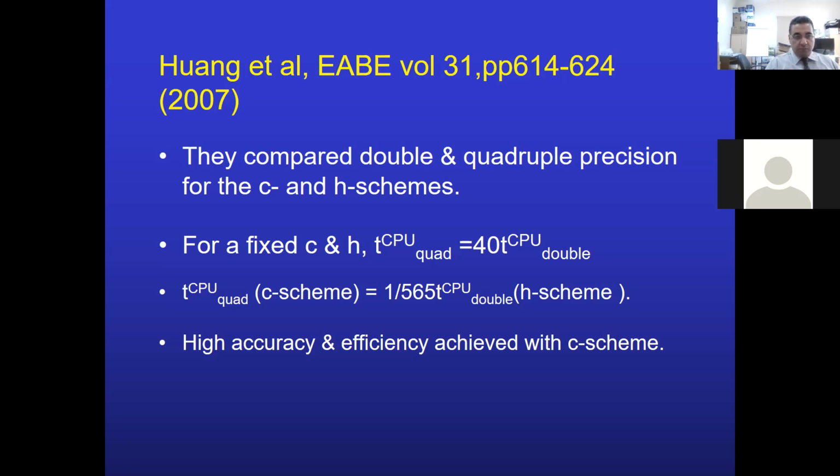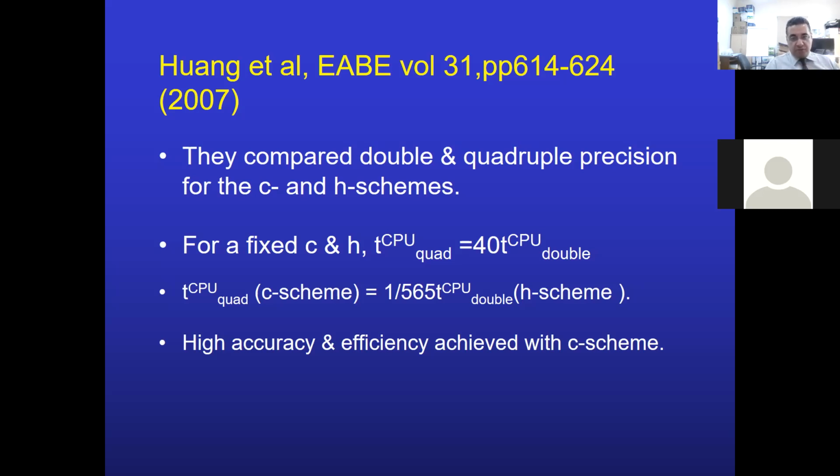The reason is, if I look at each operation in quadruple precision, of course, it takes longer. But the total time is decreased by an order of 565. So again, you've got to pay, no free lunches.